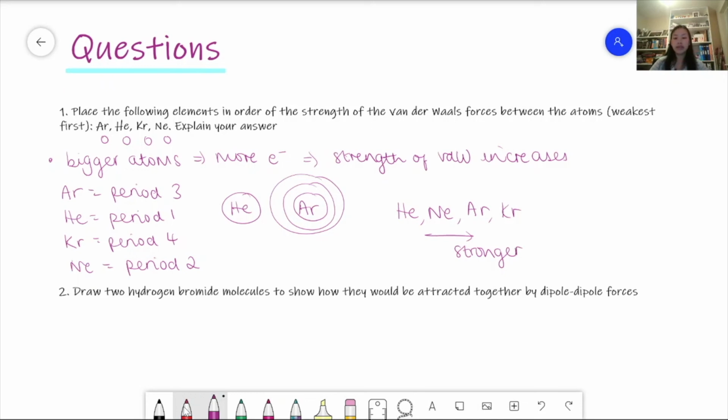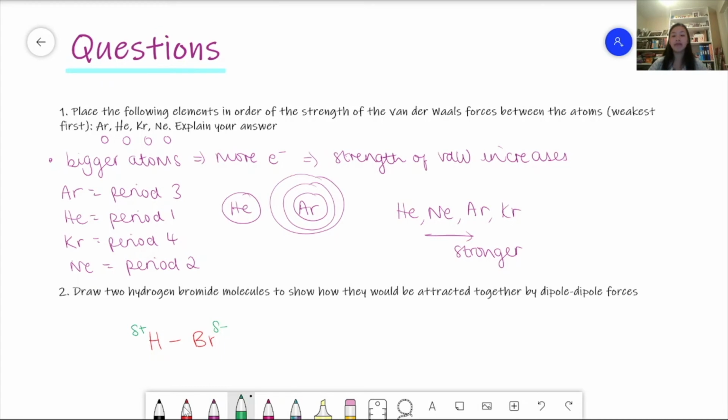For number 2, draw 2 hydrogen bromide molecules to show how they would be attracted together by dipole-dipole forces. So if we draw 1 hydrogen bromide, we can see that bromine is in group 7 of the periodic table, so it's a lot more electronegative than hydrogen. So we give that the partially negative charge and hydrogen partially positive charge.